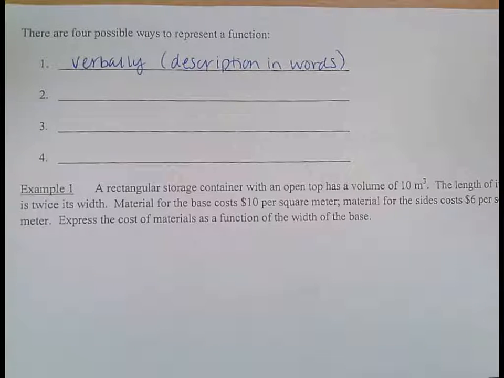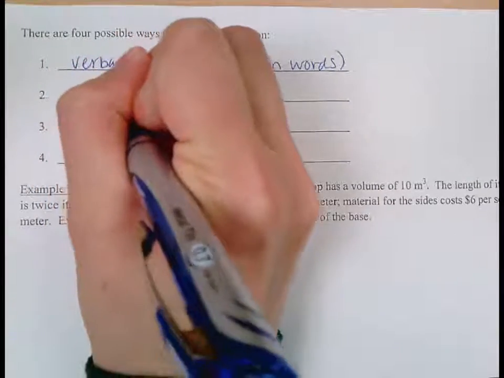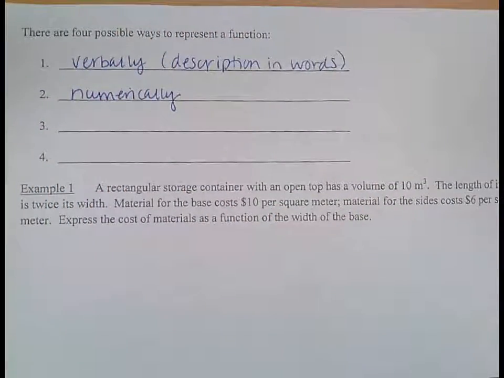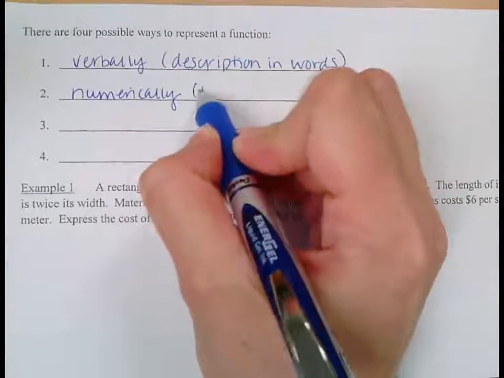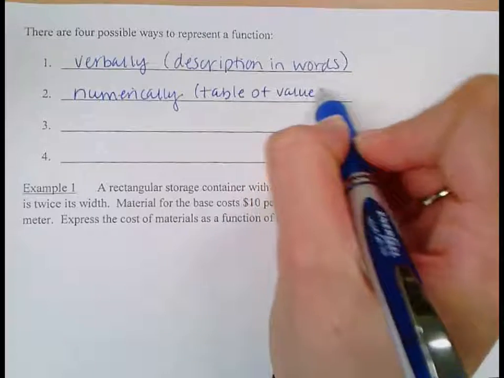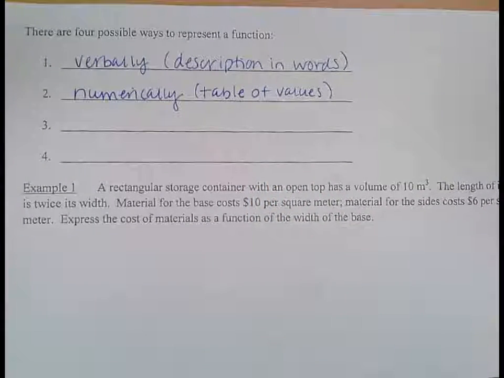And then another way to represent a function is numerically, and this would be a table of values. At some point in your last three or four math classes, you've made tables to graph a function.